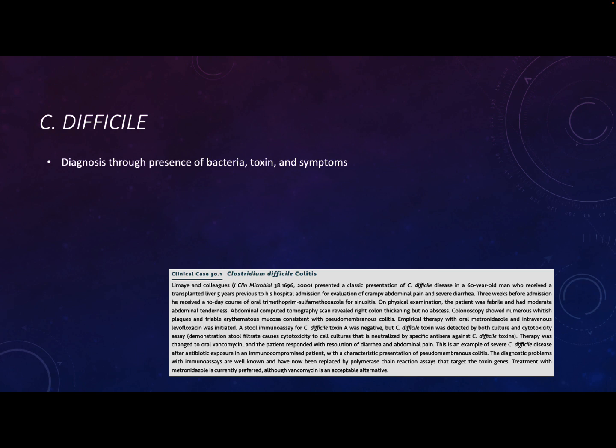Okay. You can look for the presence of the toxins through serology, but you can also diagnose it based on symptoms. If you have a patient who came into the hospital for any other condition and did not have diarrhea, but was given antibiotics for something else and developed diarrhea, Clostridium might be one of your top things to look for.